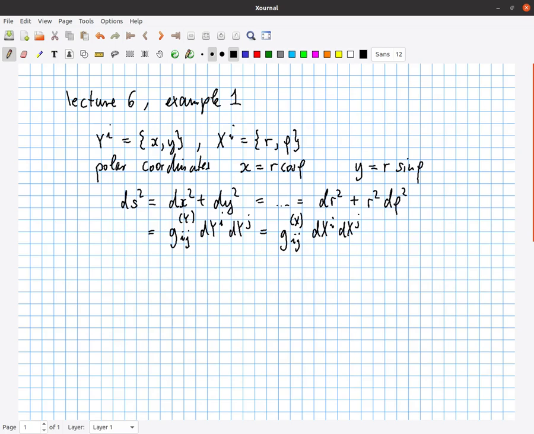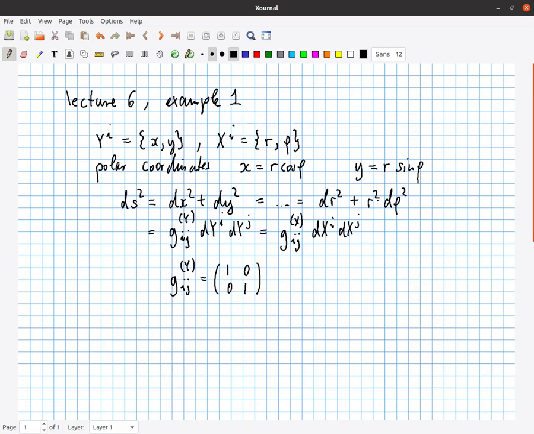And we know from the starting point that Gij in the y coordinates is 1, 0, 0, 1. And of course we know that Gij in the x coordinates is 1, 0, 0, r squared.